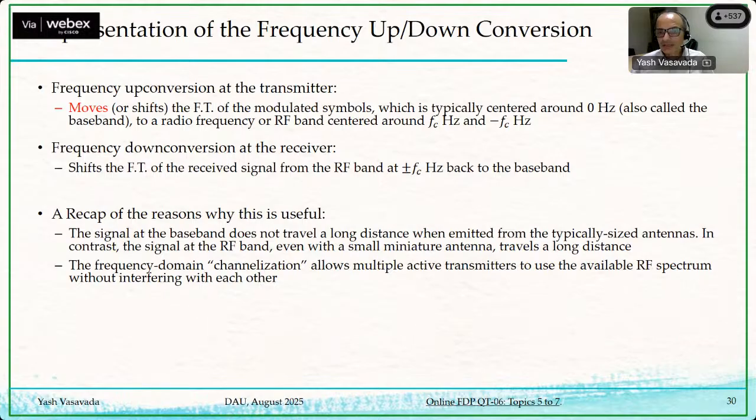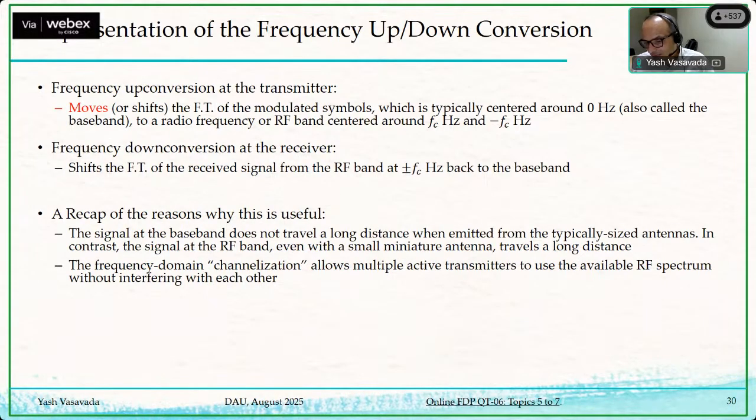Now, once the signal reaches the receiver, it has to bring the signal back to 0 hertz. The reason is because our ears and our eyes and our brains cannot make sense of something which is oscillating at such high frequencies.